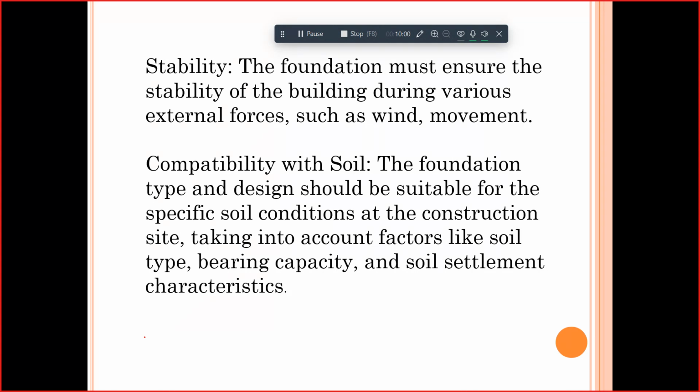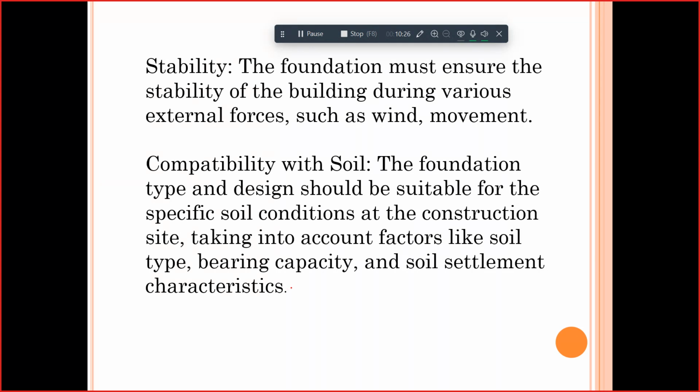Okay. So under compatibility with soil, the foundation type and design should be suitable for the specific soil conditions at the construction site, taking into account factors like soil type, bearing capacity, and soil settlement characteristics.